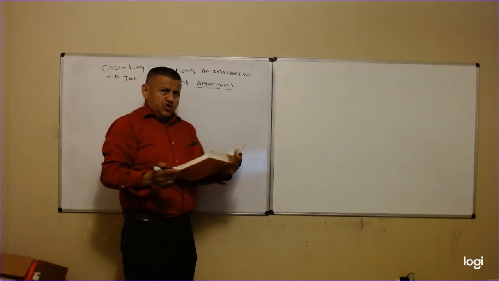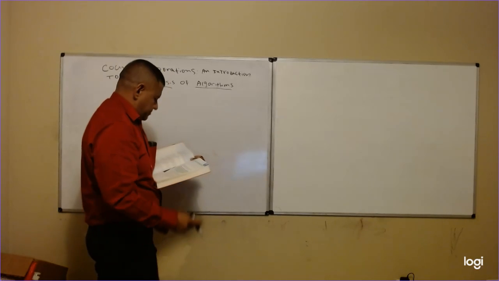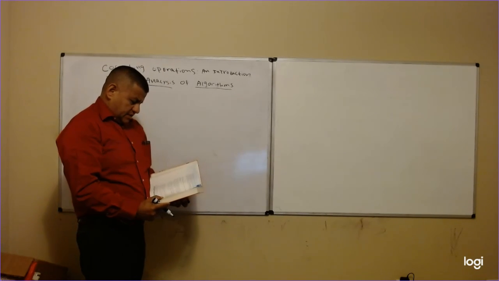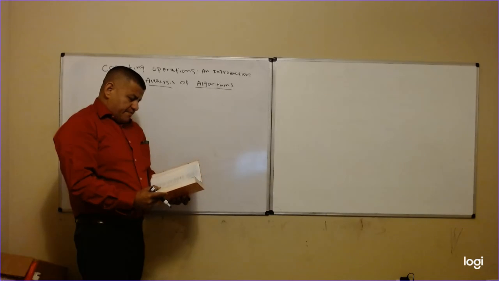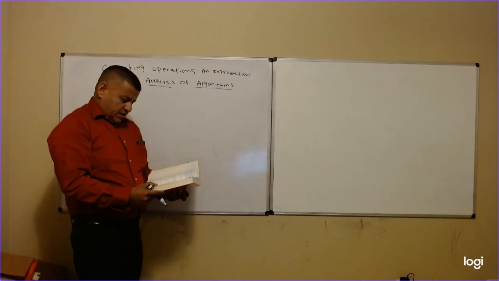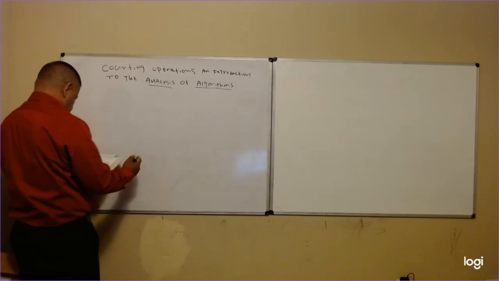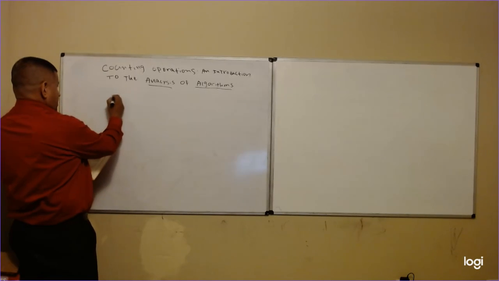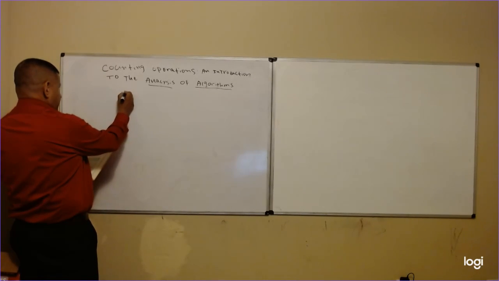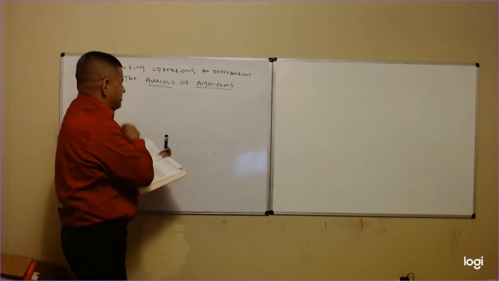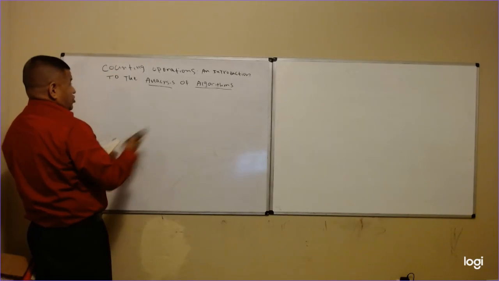Okay, so basically what they say over here is, let's examine an augmented form. Now that I have this, let me just erase this, because this is just a topic.